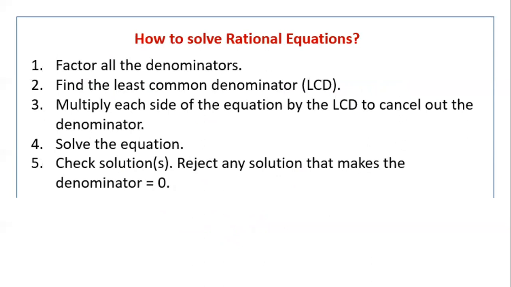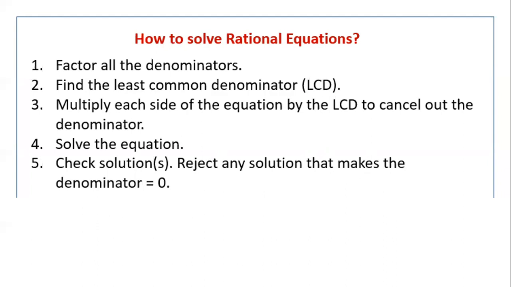All right. So how to solve rational equations. The steps are: 1, we factor all the denominators. For this current unit, they should already be factored for you, or it should be a simple factor. 2, we find the least common denominator. 3, we multiply each side of the equation by the LCD to cancel out the denominator. 4, we solve the equation.